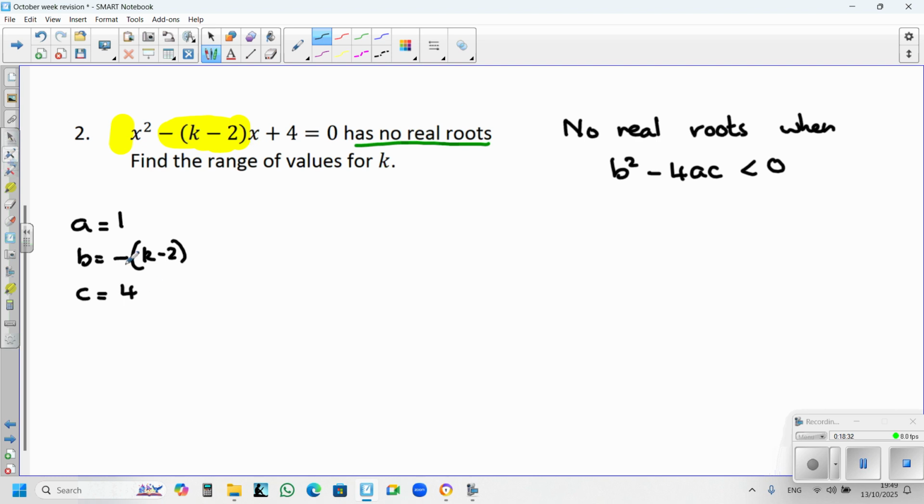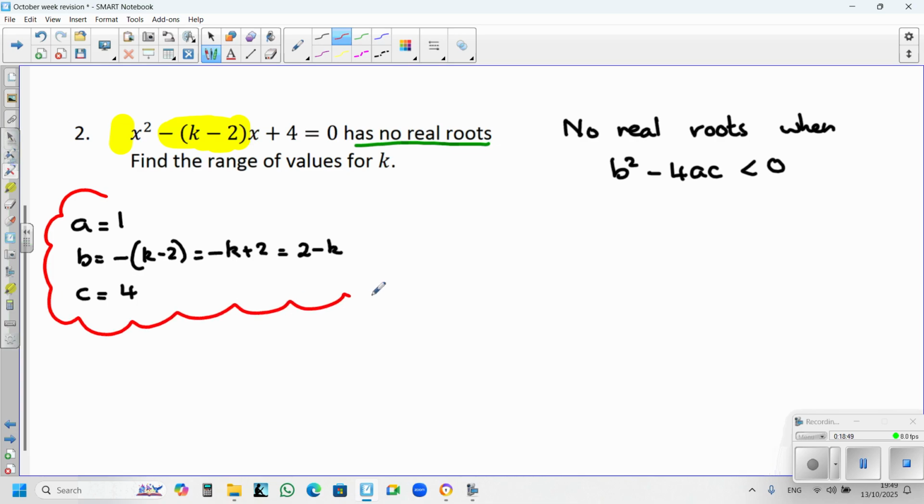I really don't like that b, so I'm going to multiply that bracket out, so it's negative k plus 2. I don't like starting with a negative, so I'm going to make that 2 minus k. That was a bit of work tidying that up, but that's my values for a, b and c.